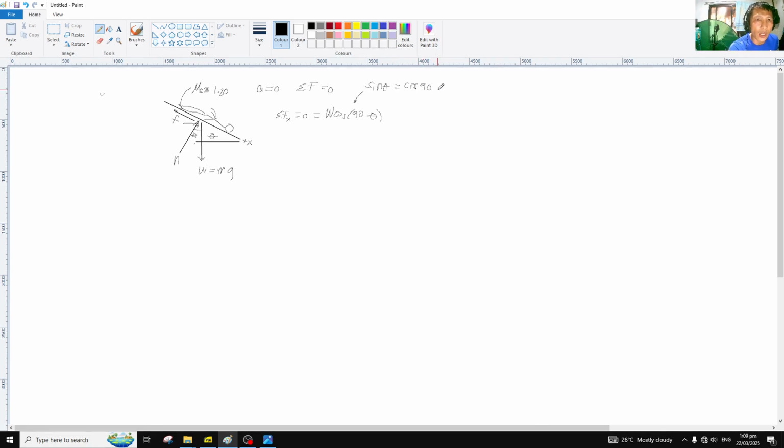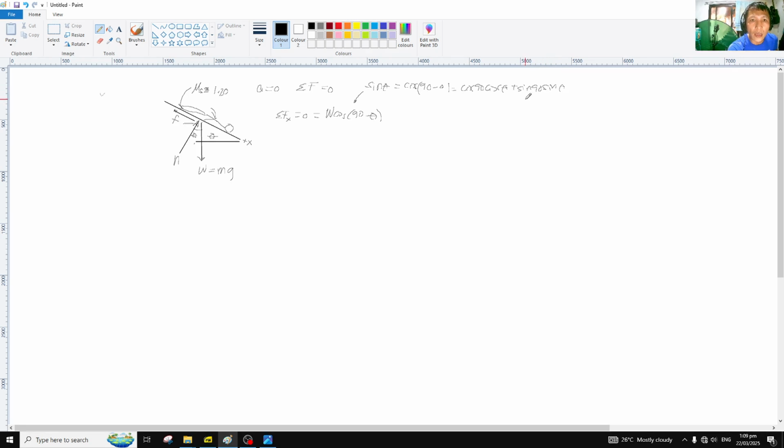I've already told you this. Cosine of 90 minus theta is equal to cosine 90 cosine theta, and then you have a negative, so that would be a plus, sine 90 sine theta.